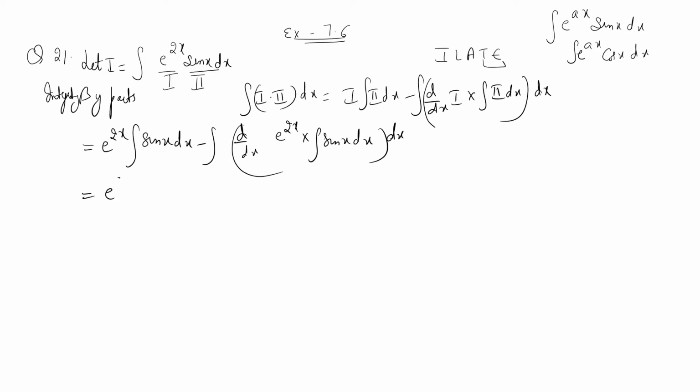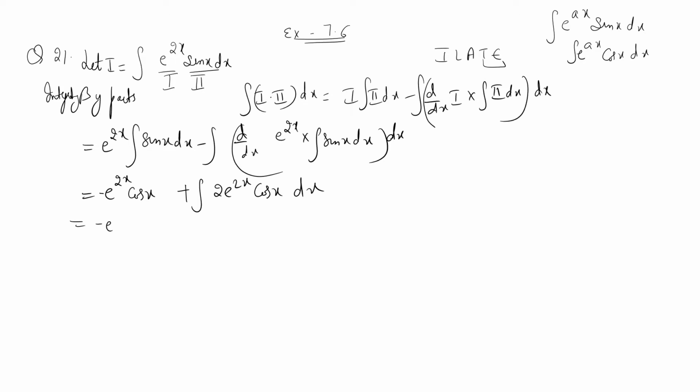So this is e raised to power 2x. Be careful that the integral of sine is minus cos, so it is minus cos x, minus this is 2e^2x, and again it is minus cos, so I'll adjust this negative sign here, and this is like this.